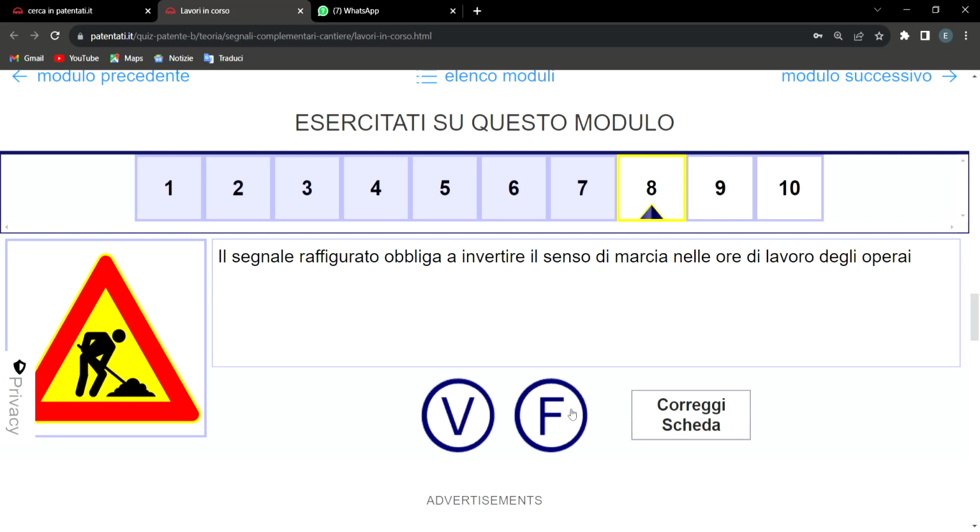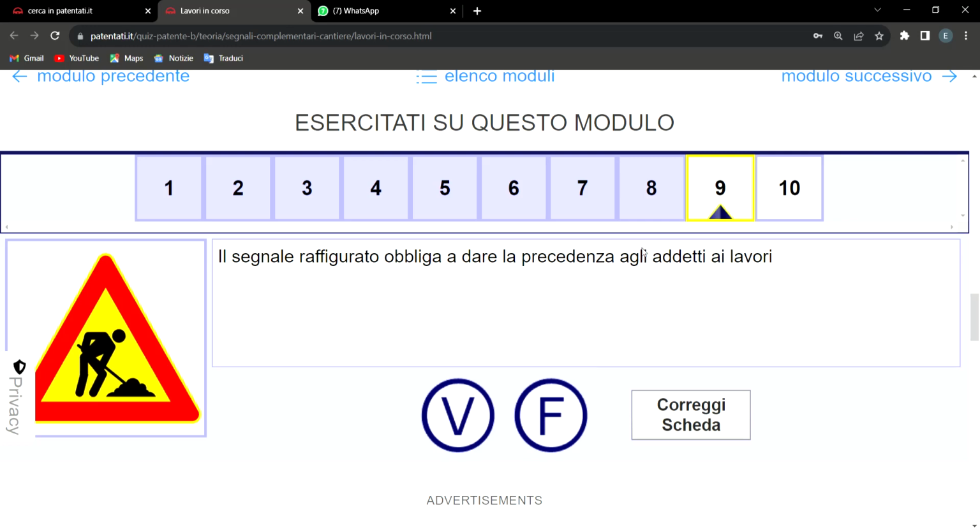So this one is false. It's not talking about that. All it is trying to tell you is that there is work taking place there. All you need to do is reduce your speed and stay very attentive because of the work taking place on that very road. So that is for that.